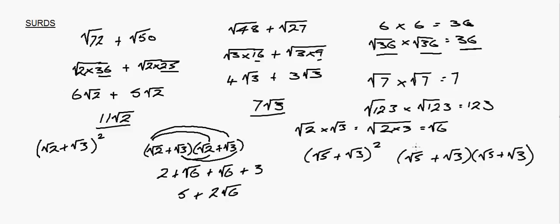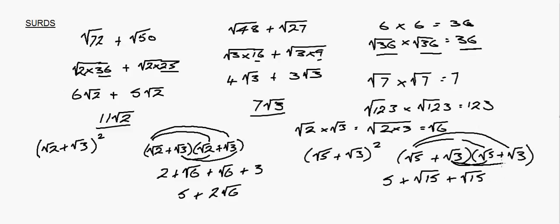and then I expand. So root 5 times root 5 is just 5. Root 5 times root 3, 5 3s are 15, so we would have plus root 15. Now root 3 times root 5, 3 5s are 15, so this would be plus root 15.